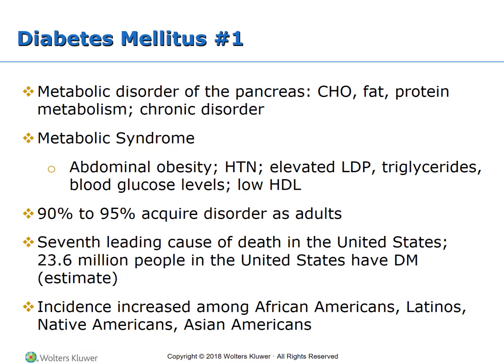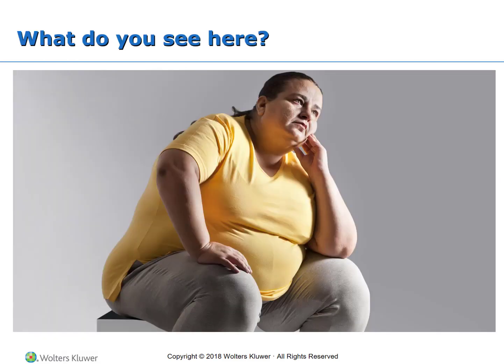Incidence does increase a lot more among African Americans, Latinos, Native Americans, and is also increasing in Asian Americans. So I want to ask you guys, what do you see here? I hope you can identify quickly that this is a person who's overweight or obese, right? So why is this important to know? Because before we get to be diagnosed with diabetes mellitus, there's also something called pre-diabetes mellitus.